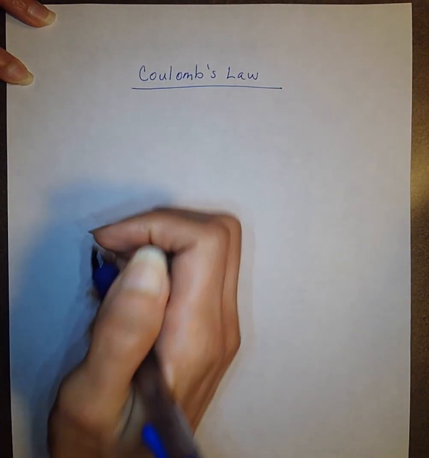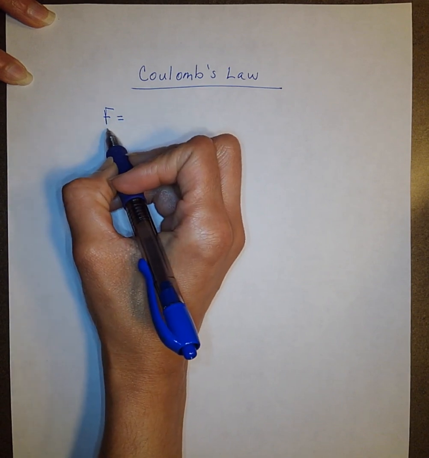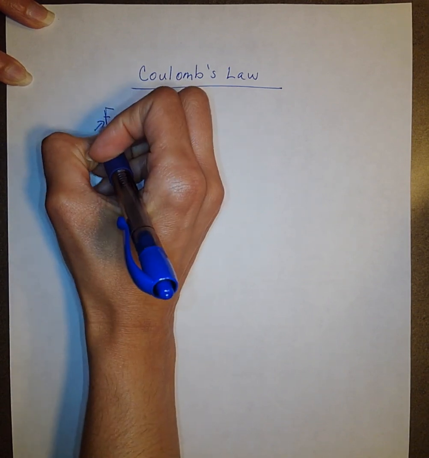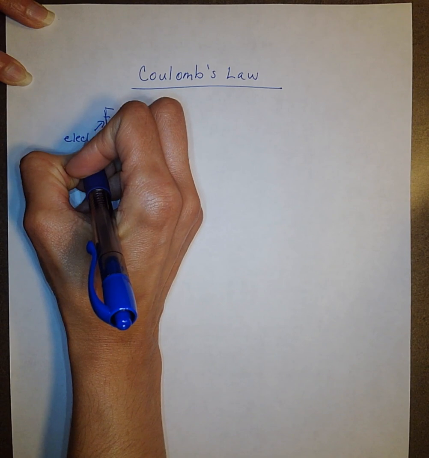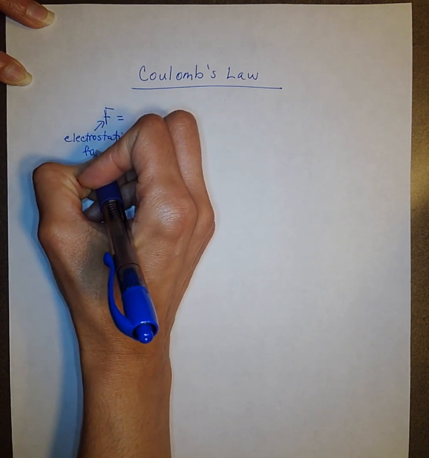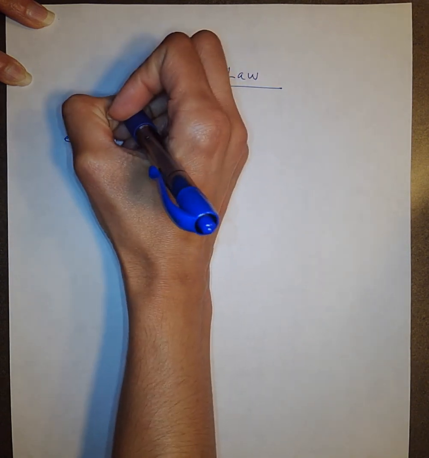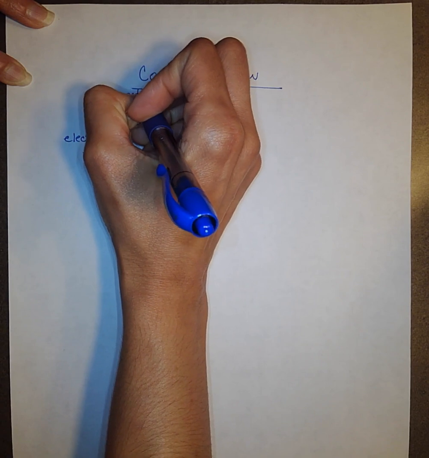Okay, this is Coulomb's law right here. It is force. This F stands for force, or electrostatic force. Okay? This K is something you really don't have to worry about, but it is a constant.